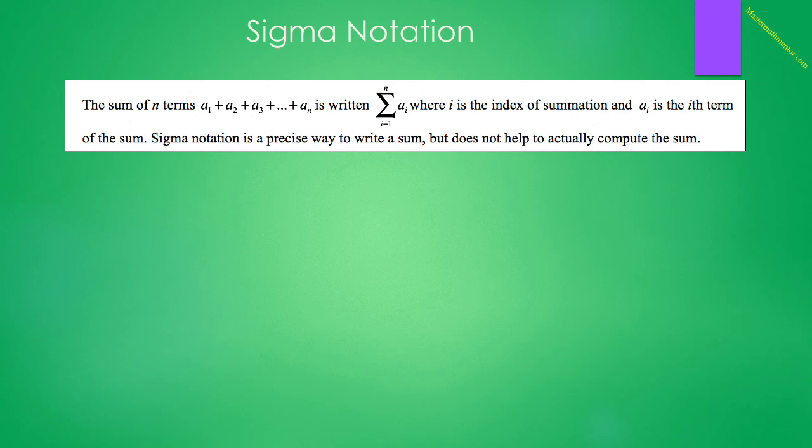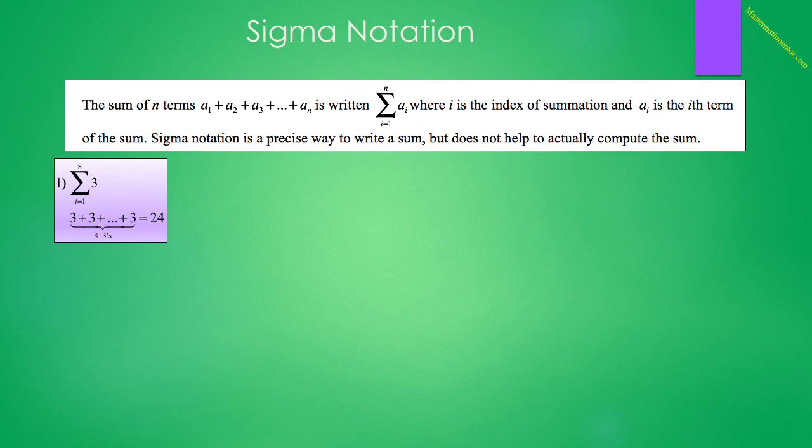The sum of n terms, a1 plus a2 plus a3 plus ... plus an, is written sigma i equals 1 to n of ai, where i is the index of summation and ai is the ith term of the sum. Sigma notation is a precise way to write a sum, but does not actually help to compute the sum.